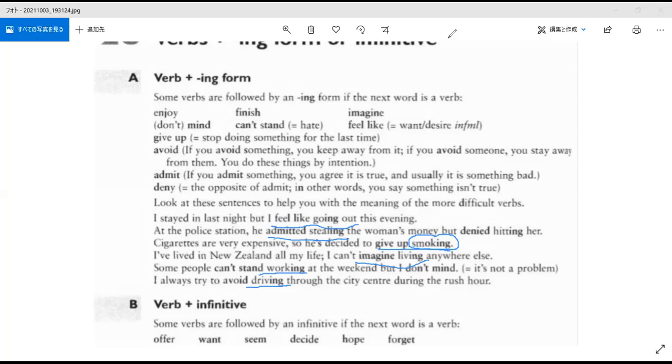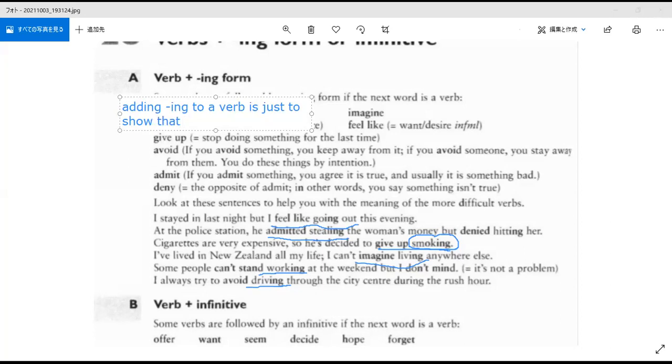It depends on the sentence. Adding ing is just trying to add or to make something. Let me just type it. Adding ing into a verb is just to show that something is ongoing.